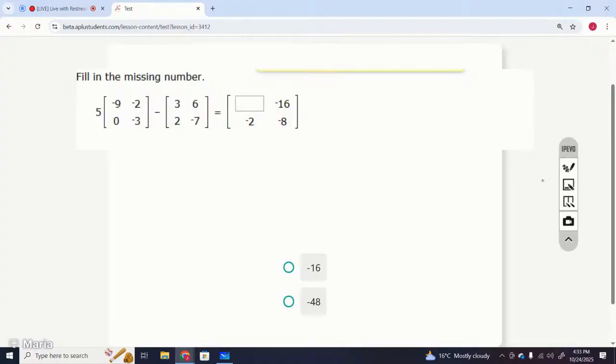Fill in the missing number. 5 times 9 is negative 45, and minus 3.